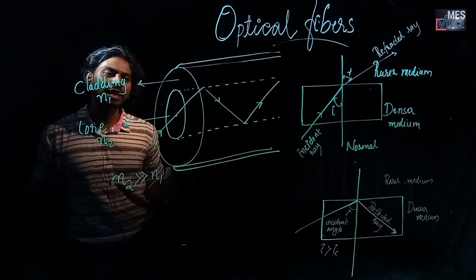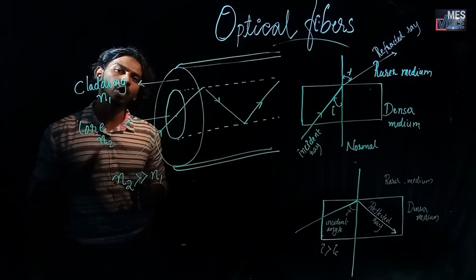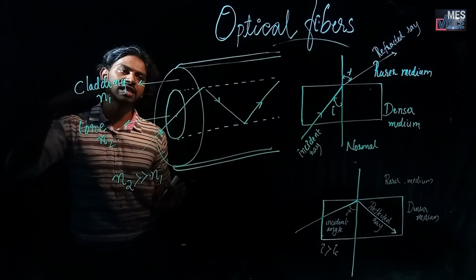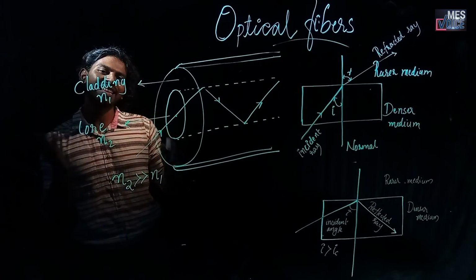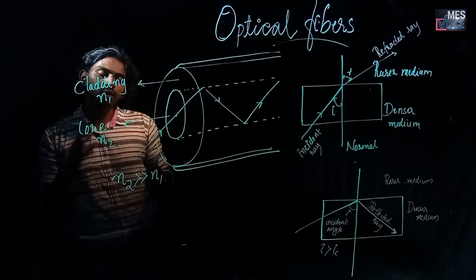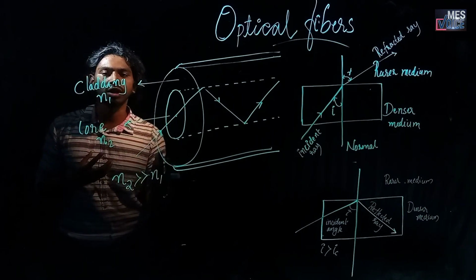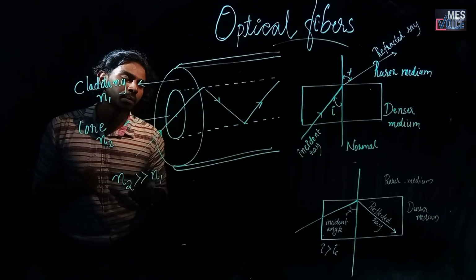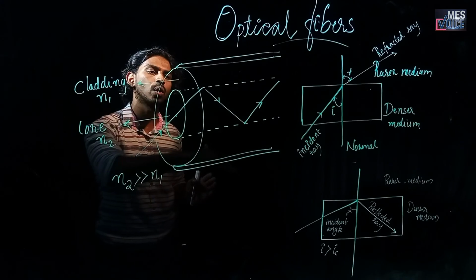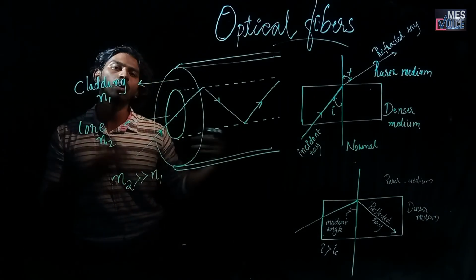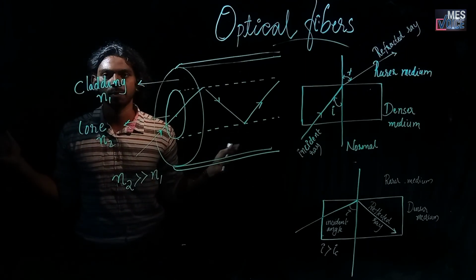So what we are doing here is coding the data in the form of light and allowing it to pass into the core of the optical fiber. Total internal reflection happens inside the core because the refractive index of the core is higher than the cladding. To reduce the refractive index of the cladding, we mix the pure silica or glass with impurities. So the total internal reflection happens inside the core, and the light can easily travel from one end to the other end over a long distance.